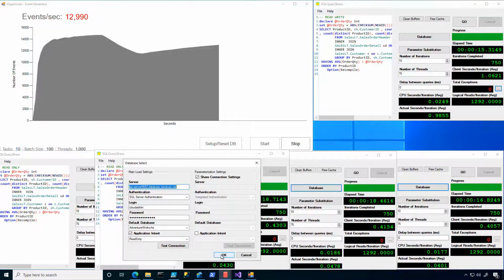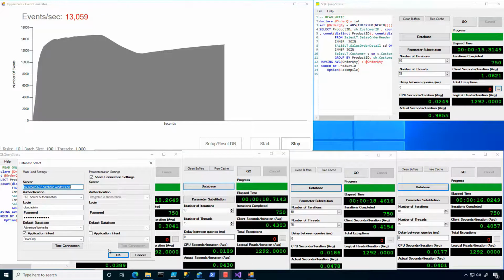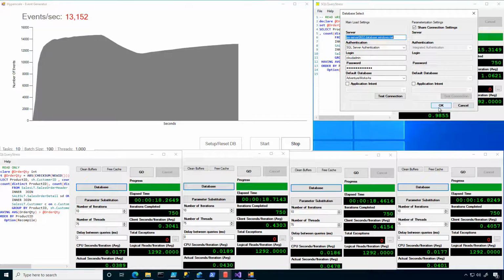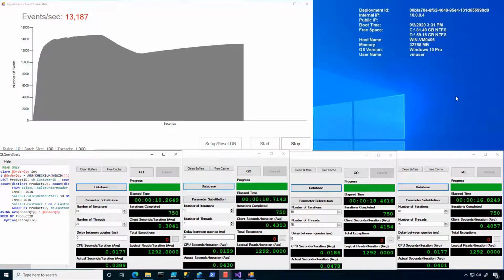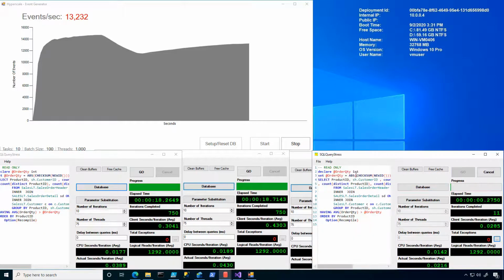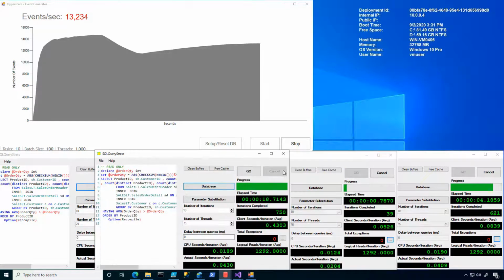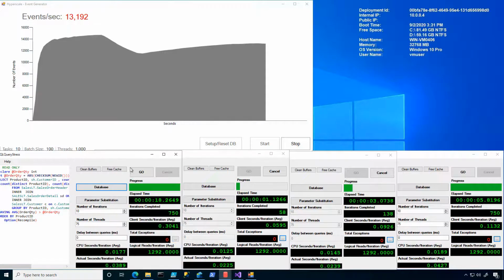I'm going to close the workload hitting the right endpoint, and kick off this workload on the 4 readable endpoints I have set up. Now you're going to see there's minimal impact on my primary write workload, which allows me to increase my write workload while at the same time quadrupling my read workload.